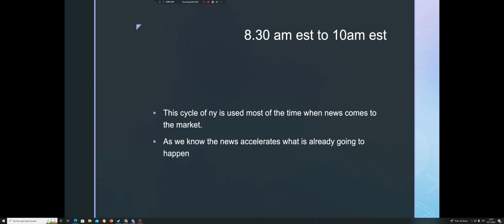You can also use the cycle when there is no news, because after the big move, the fake moves that happen on the first cycle of New York, 8:30 becomes a very nice time to trade. We wait 30 minutes, and at 8:30 we can start to trade.